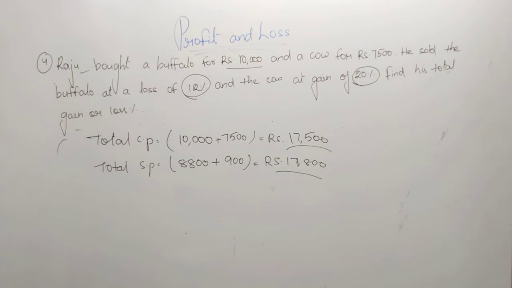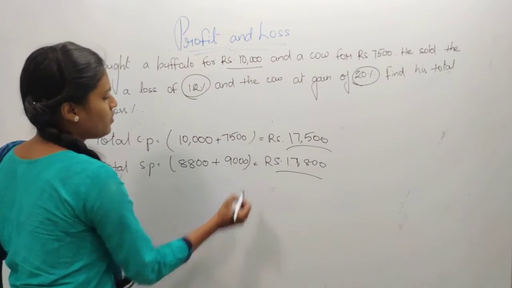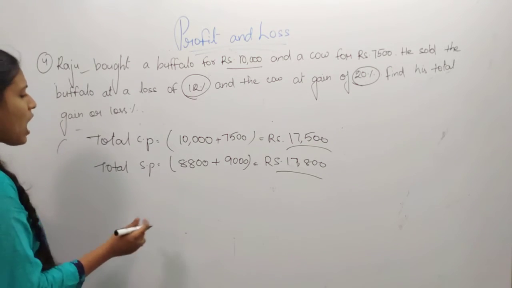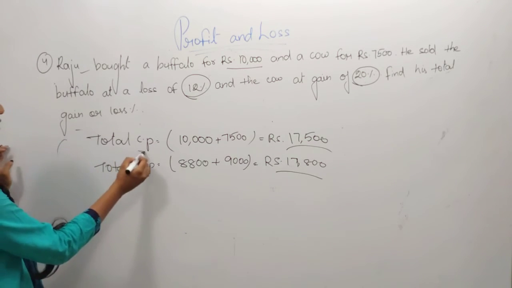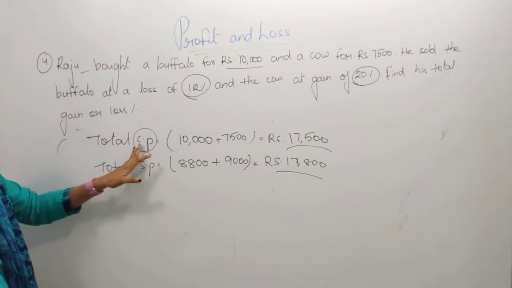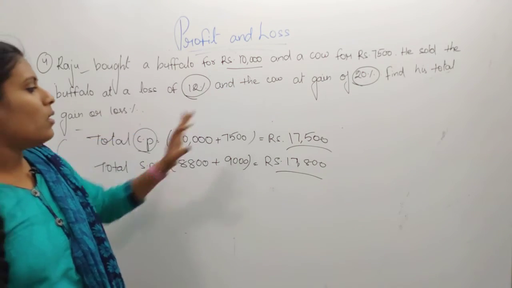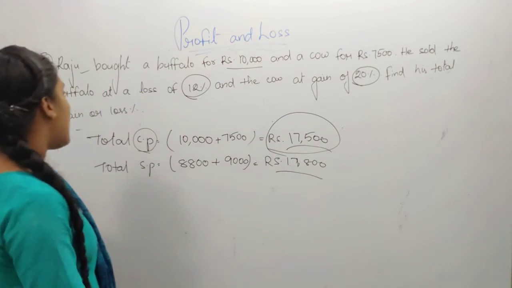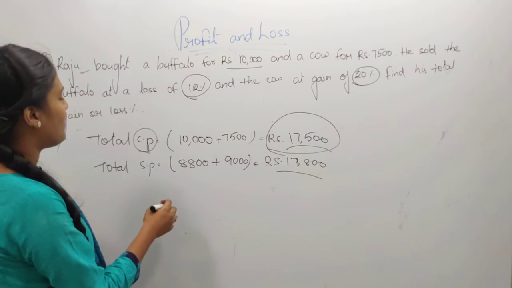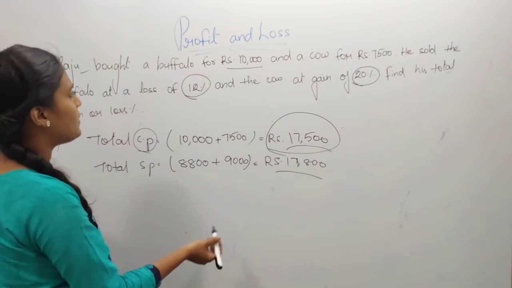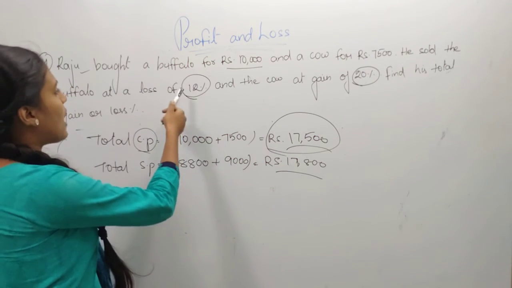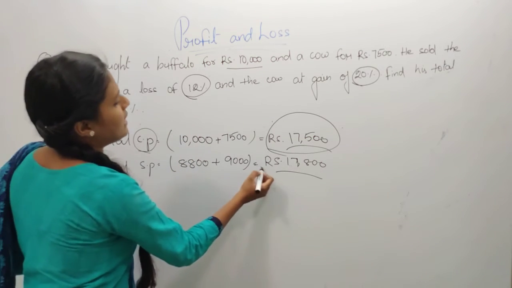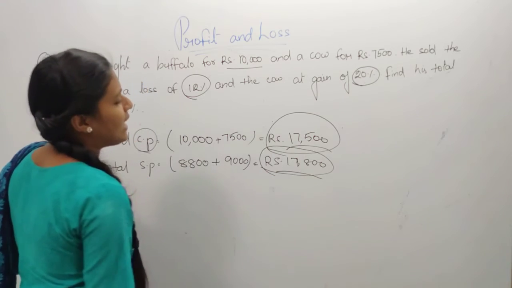What do we have to do? Now we have to find the gain. See how we got the gain. He bought the cow and buffalo in total at rupees 17,500, and after he bought, he sold the cow and buffalo to another person at rupees 17,800.